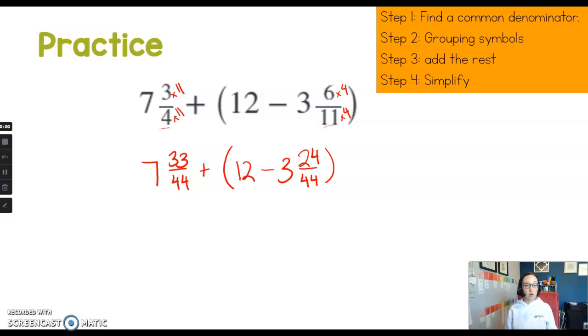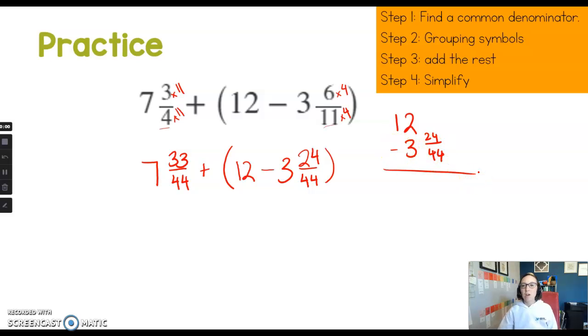So when we think of our order of operations, it says to do our grouping symbols first. So we need to ignore our 7 and 33/44 and just take care of 12 minus 3 and 24/44. Oh my gosh. Well, 12 doesn't have a fraction. Let's write this vertically so we can see this a little bit better. 3, 24/44.